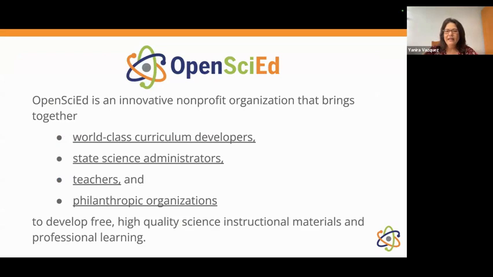Open Syed is a nonprofit organization that brings together amazing, wonderful curriculum developers, state science supervisors, teachers, and philanthropic organizations to help develop free, high-quality science materials and professional learning for those instructional materials.